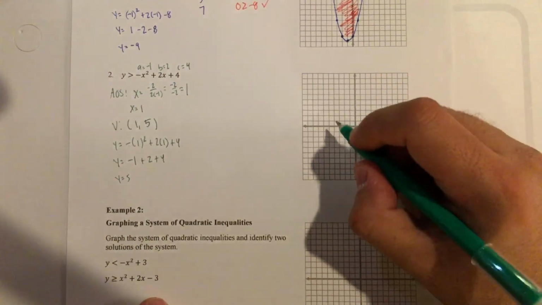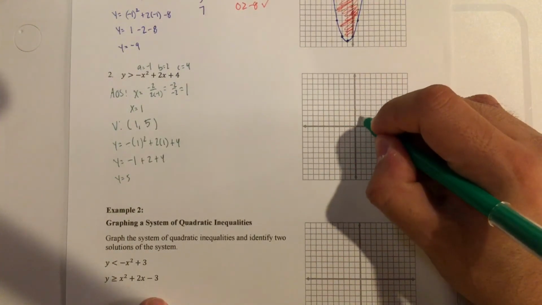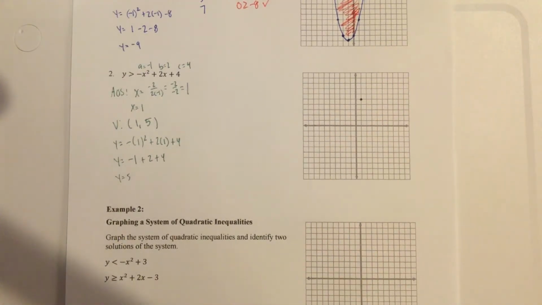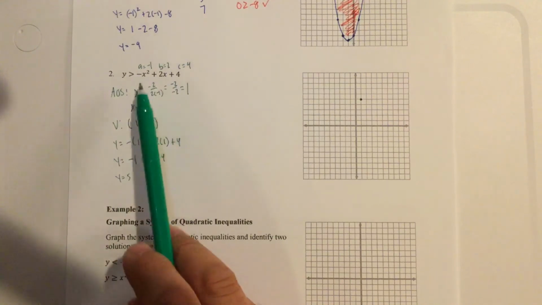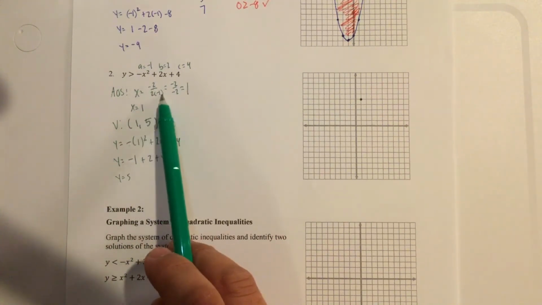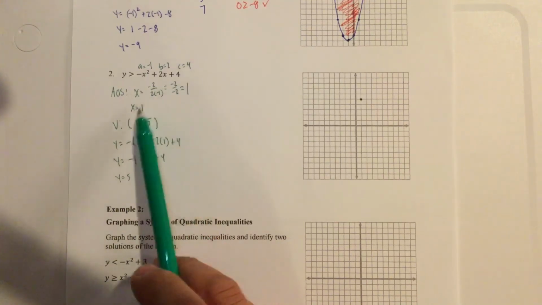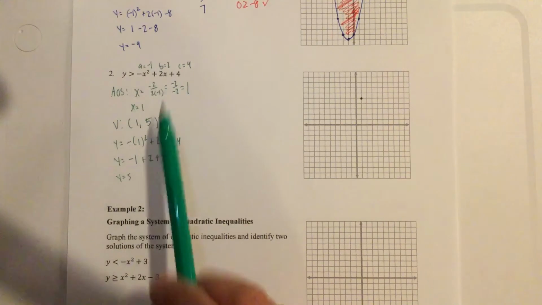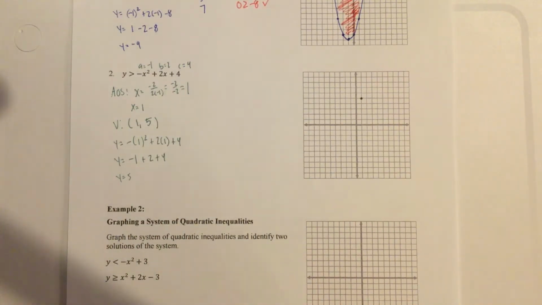So I have a point at 1, and then 1, 2, 3, 4, 5. Okay, and let me just verify my work here. Opposite of b over 2a, which is 1. And then -1, 2 times 1 is 2, and 4, yeah, that looks good.